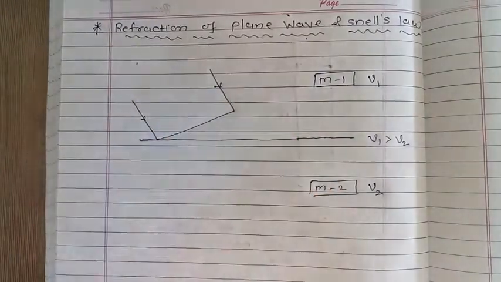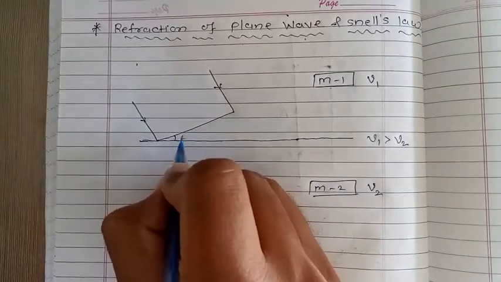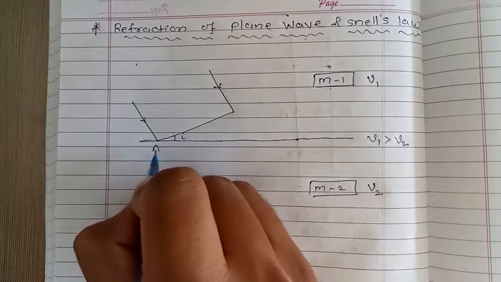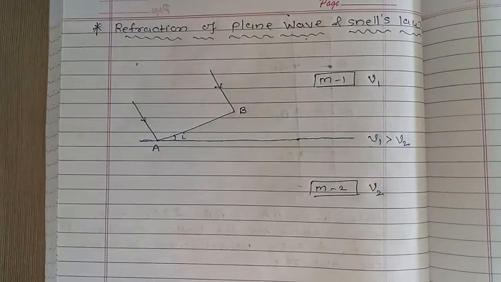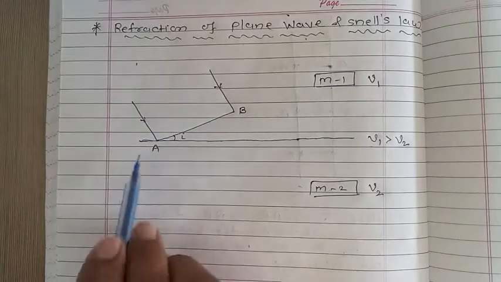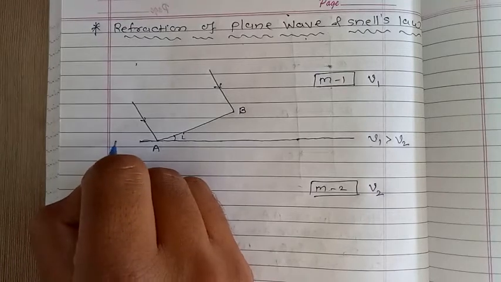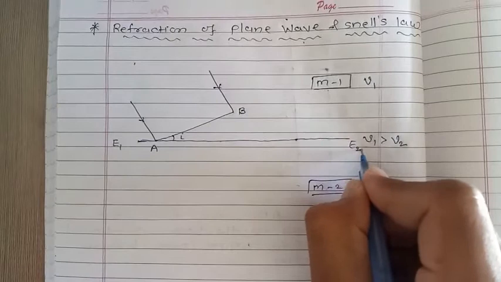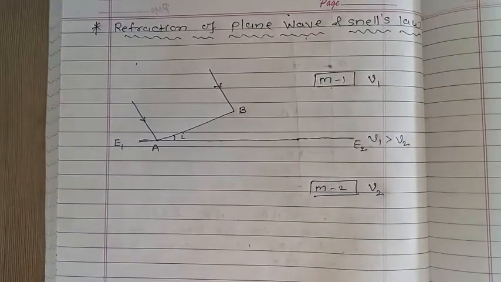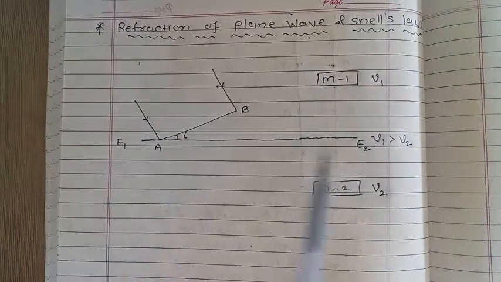So this is the plane wavefront in medium 1 incident at angle I on this surface. We name this surface E1 E2, so the surface separating the two media is E1 E2.